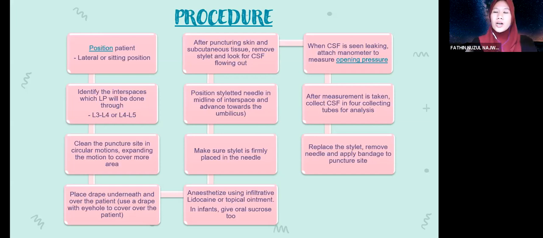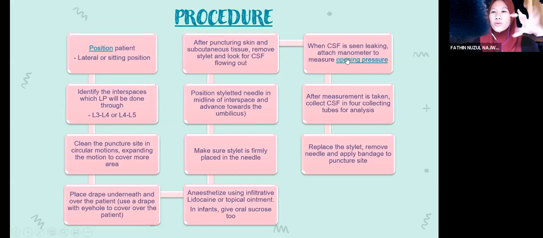Okay, now as we advance, be sure to remove the stylet from time to time to look for any cerebrospinal fluid flowing out. So when we see there is CSF flowing out, it can either be clear or turbid or sometimes bloody. Okay, we can attach a manometer to measure the opening pressure.